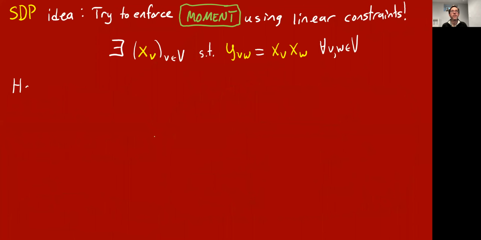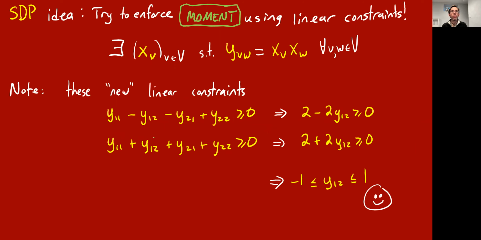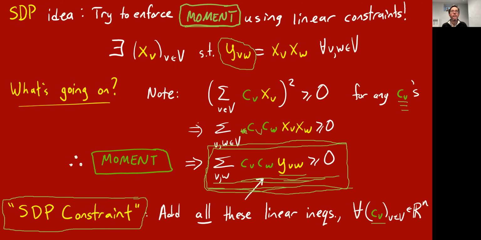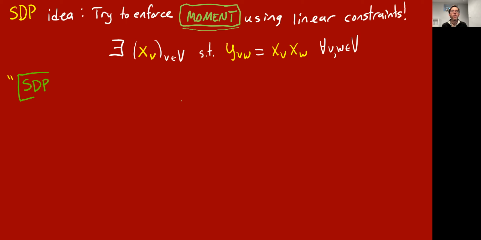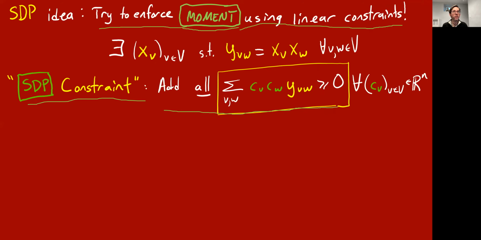Okay, so let me go back to where we were. Again, we're going to try to enforce this moment constraint, which if we could exactly capture it, would give us max cut exactly captured, with this SDP constraint, where we imagine taking our base LP and adding infinitely many constraints in our minds, one for every real vector C. You get this constraint, and this constraint is implied by the moment constraints.